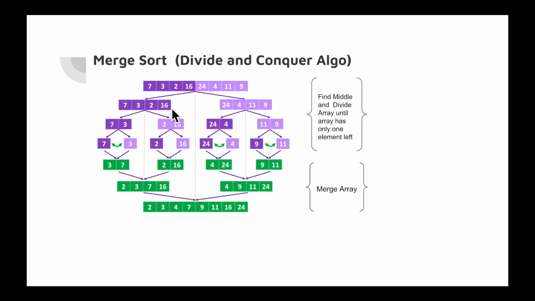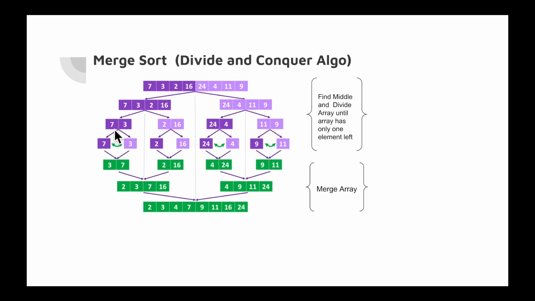But now this array is still divisible because it has a size of 4, and what we want to do is divide the array until the array has only one element. So let's divide this left array again into another left and right array, right? We have divided it into another left and right array. Same again, the right array we divide into a left and right array. We do the same process again until the array has only one element.